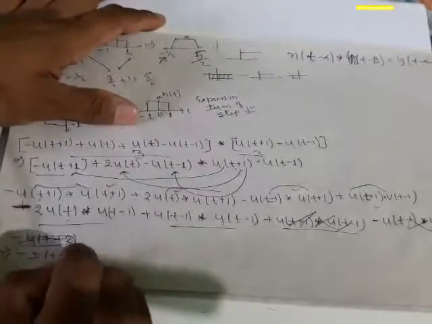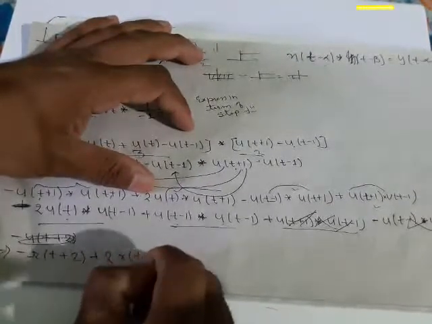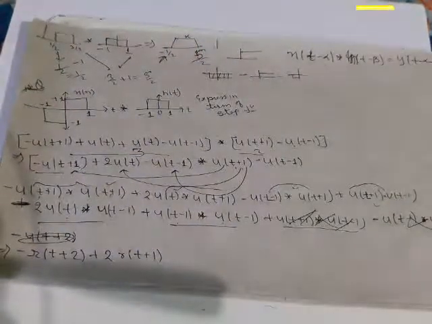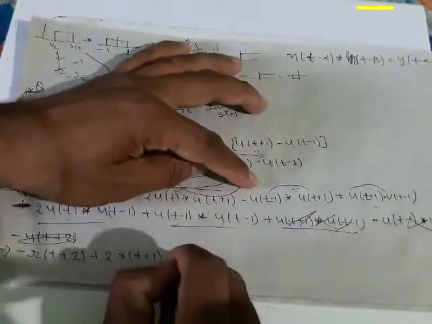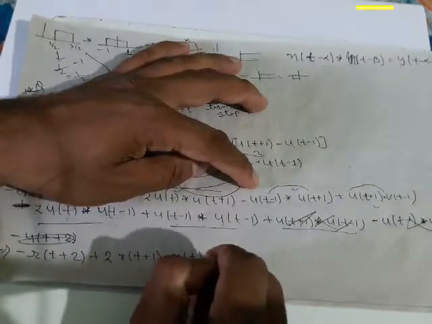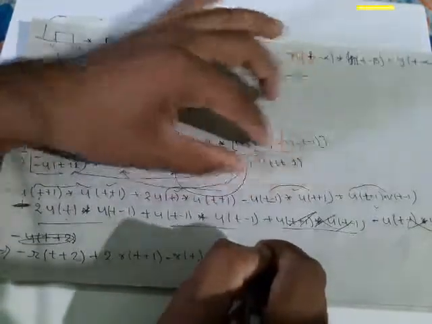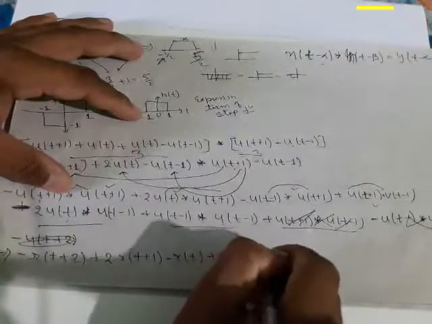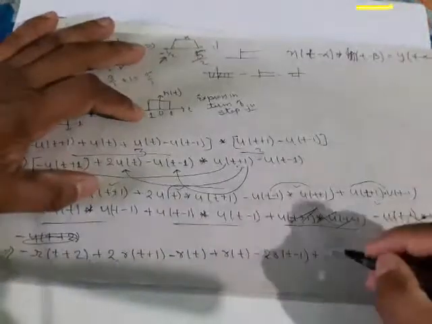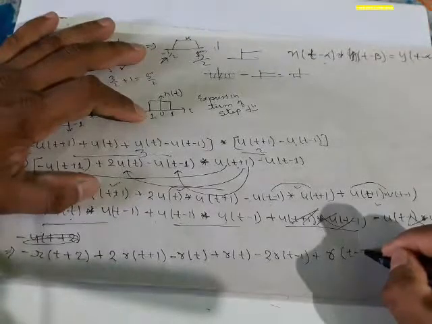It is u of t, convolution with h of t. What can we write for this? The amplitude is 1/T, so we can write 1/T into u of t minus u of t minus T, because we are shifting by T. Convolution of u of t with u of t is nothing but r of t, that is 1/T into r of t minus T.